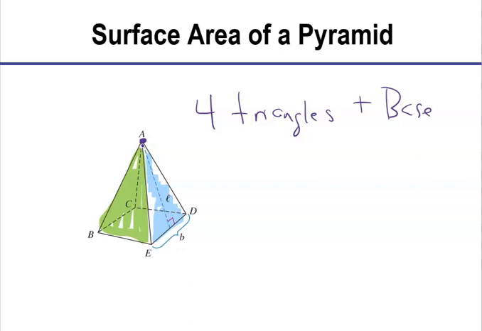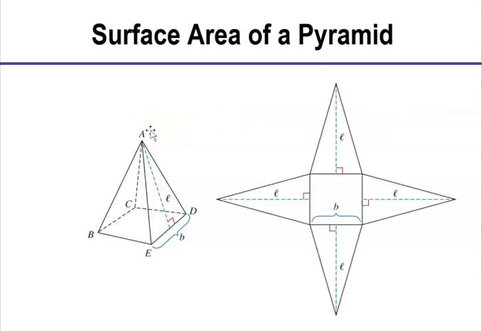Now, picture deconstructing this. In the picture I'm about to show you, it's like somebody was holding these corners at A, and they blew on it, and they all go flat. Right there for you, this is your surface area. So calculating the area of the base in this particular situation wouldn't be a problem at all. It appears to be a square. But then you've got these 4 triangles you need to add together.